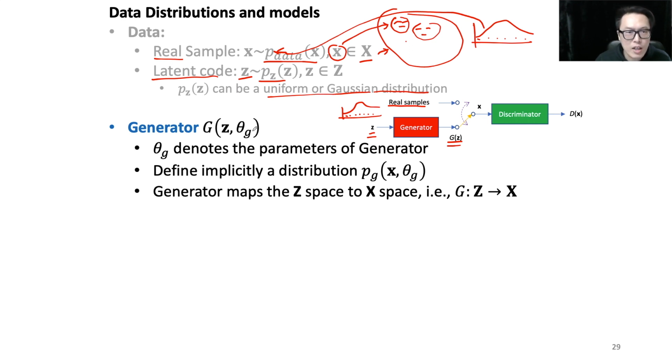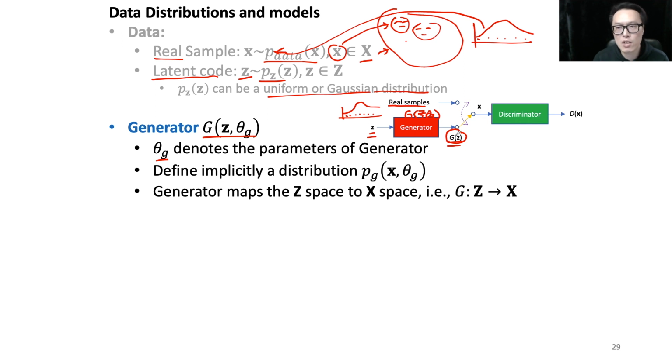This G(z, theta G) is the mathematical model for the generator. Theta G denotes the parameters of the generator. In the next slide, I'm going to talk a little more about that. This function receives input Z and generates the output G(z).